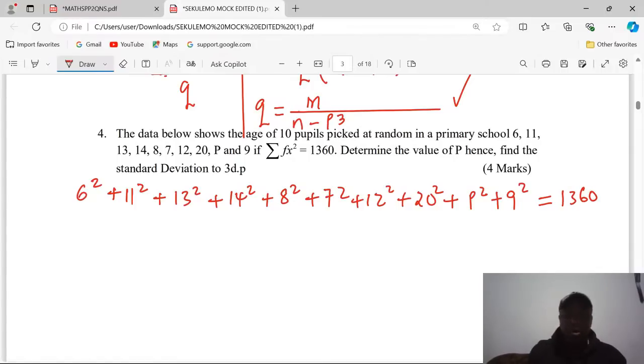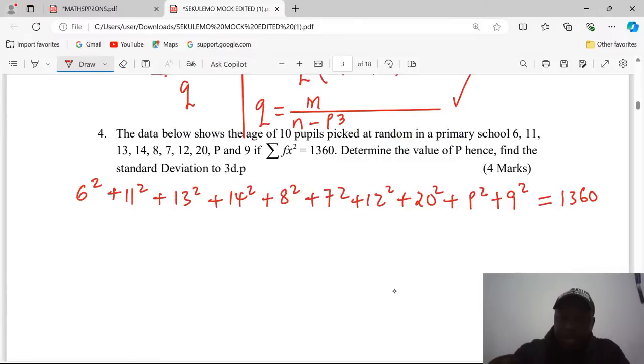So let me square all these values. 6 squared plus 11 squared plus 13 squared plus 14 squared plus 8 squared plus 7 squared plus 12 squared. We also add 20 squared. We add 9 squared. I'm getting 1260.